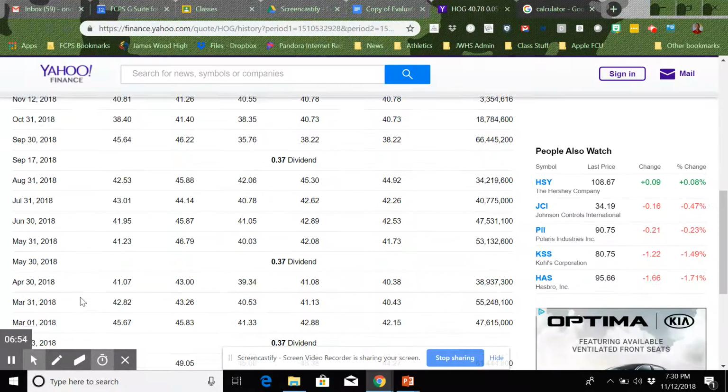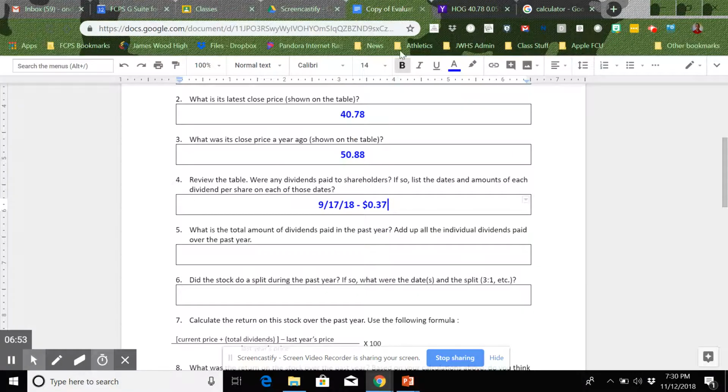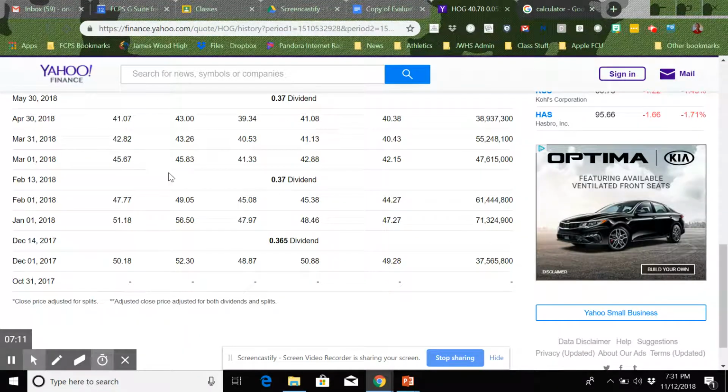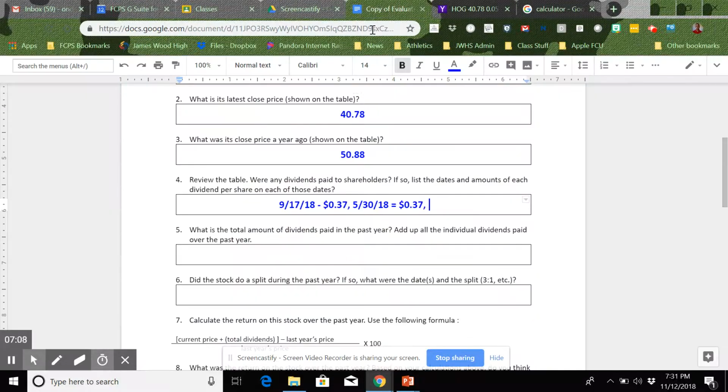When was the other one? See, there was one on May 30th for 37 cents. So then I would say 5/30/18, and it was 0.37. When was the next one? Looks like it was back on February 13th.